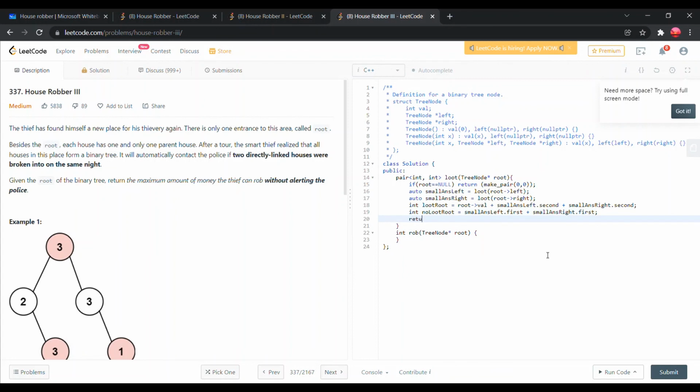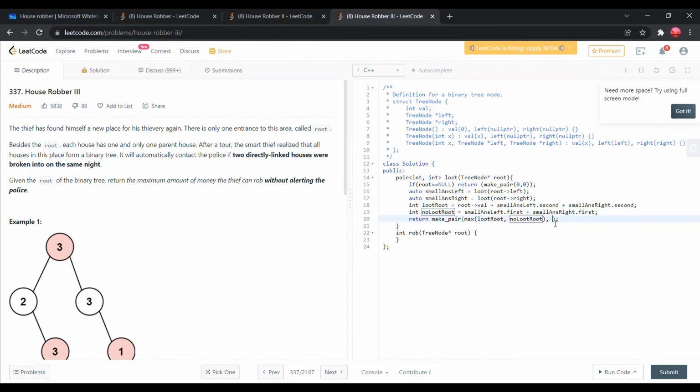And what am I going to return? I'm going to return make pair. The first one is going to be the max of both of them, right? The decision I'm going to have over here is that, right? So the first one is going to be max of loot root and no loot root, comma, what would be the grandchild for the previous one is the child over here.